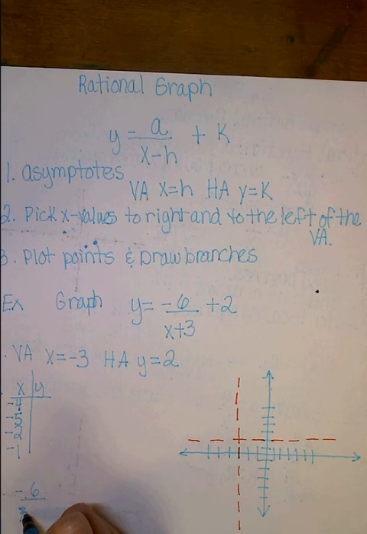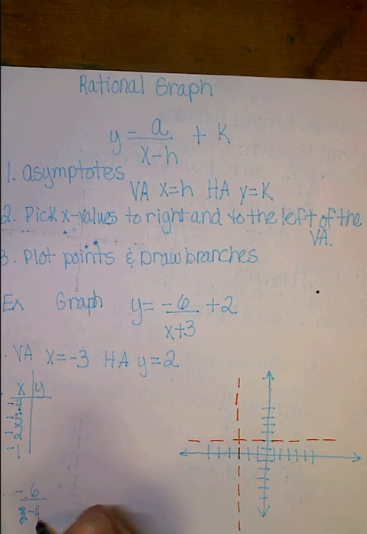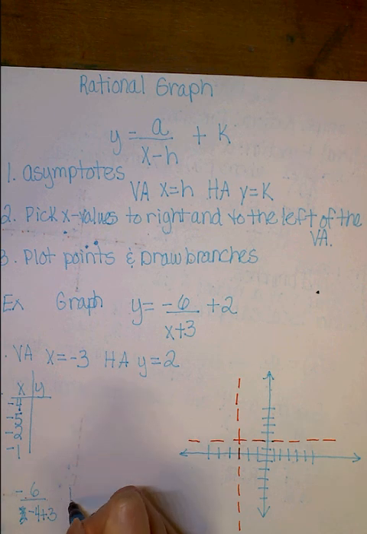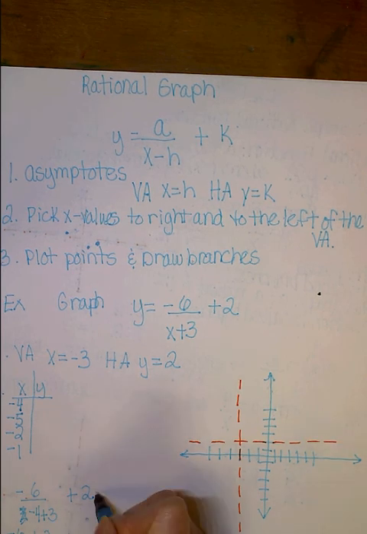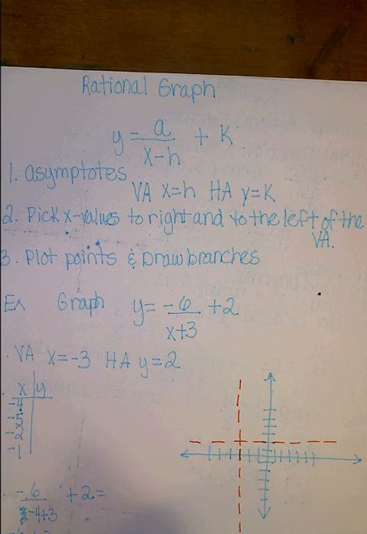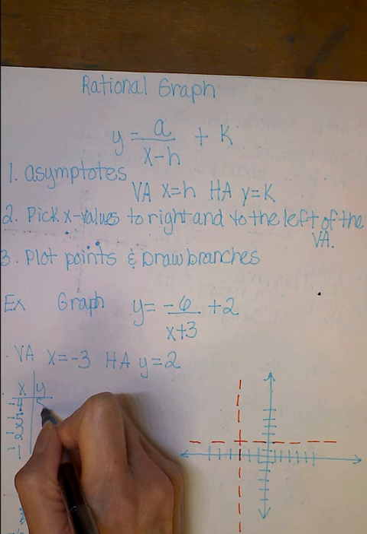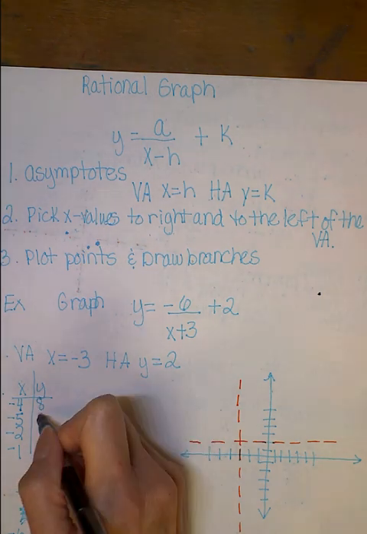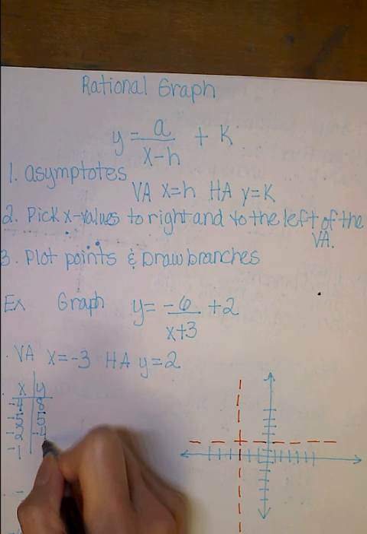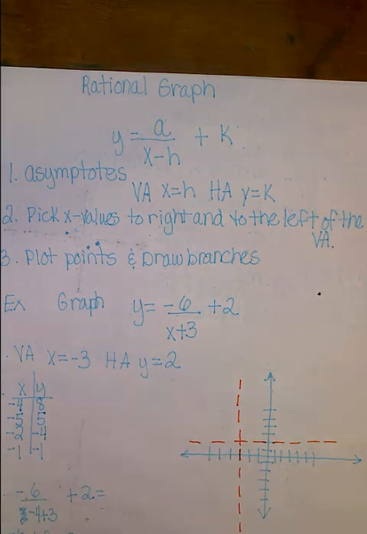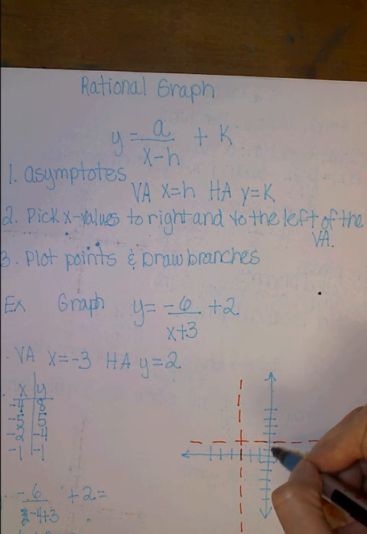So, whoops, sorry. -4 plus 3, and then I'm going to add 2 to that. So that'd be -6 over -4 plus 3, which is -1, plus 2. So +6 plus 2 would give me 8. Okay. Alright, so that's how you're going to plug it in. I'm just going to fill in the rest of it, but I would do the same on all of those. Okay. Alright, so -4, 8.